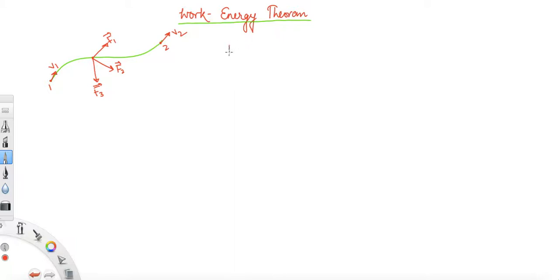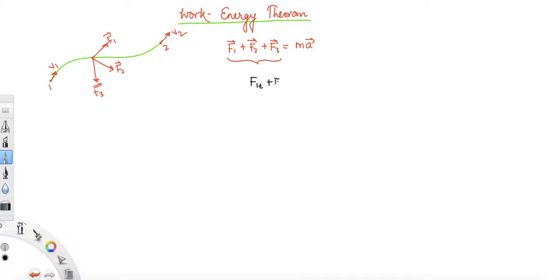From Newton's law, we can write F1 vector plus F2 vector plus F3 vector is equal to mass times its acceleration. Now, since this trajectory is curvilinear, we can resolve these forces into tangential and normal components.